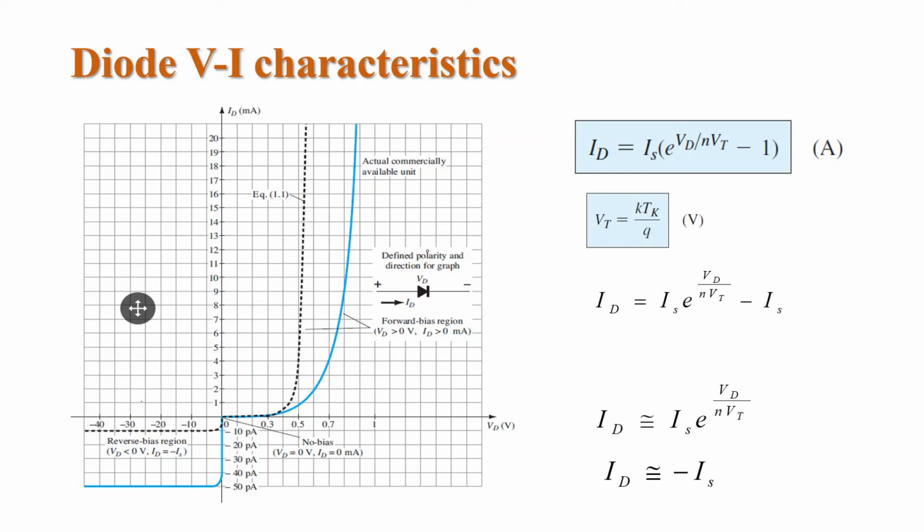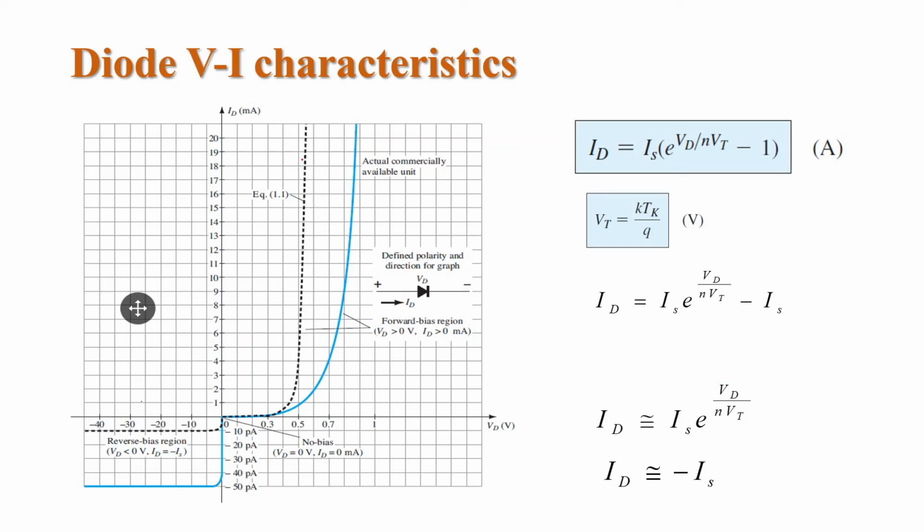So if you see this graph, which is for the diode VI characteristics, we have two curves. One is shown in dashed line fashion, and another curve is shown in solid blue.